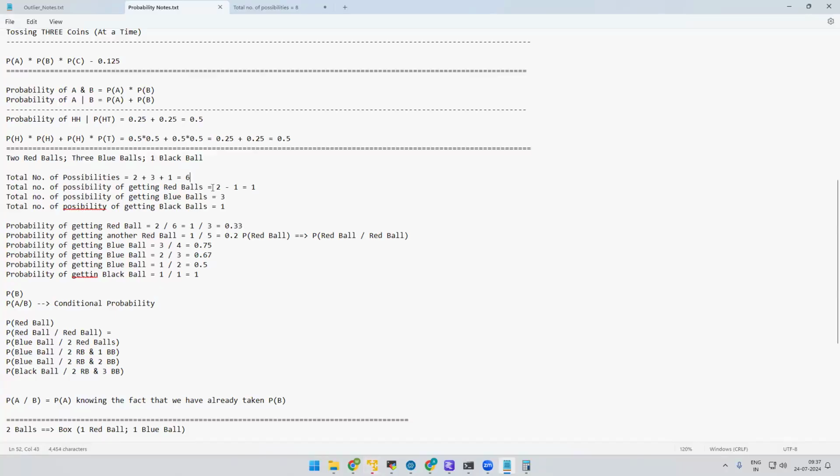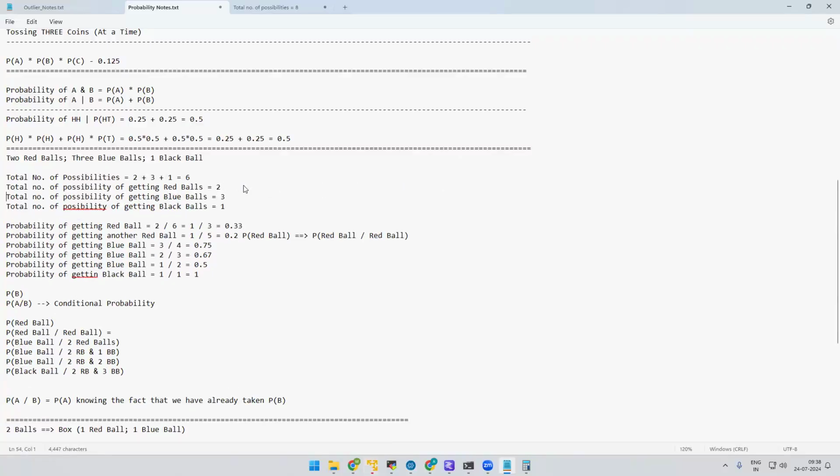Now we need to find out the possibility of getting each event. Let's take that I have taken a ball from the basket. What is the possibility of getting a red ball? First of all, we have the total number of possibilities, 6.